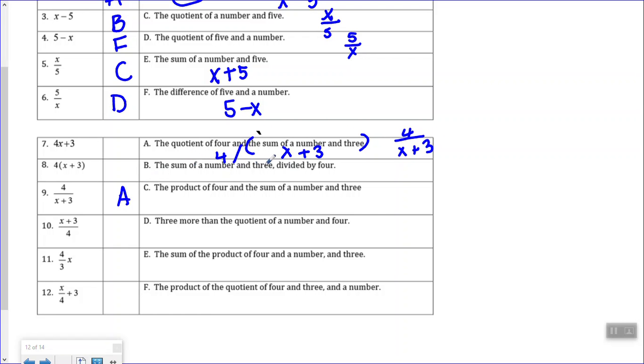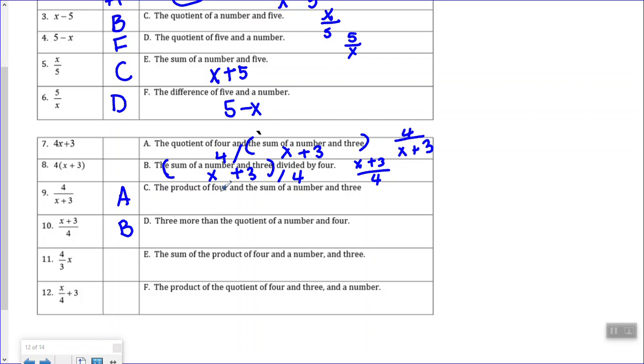The sum of a number and 3 divided by 4, so this is first. So the sum of x plus 3 over 4, which is number 10.